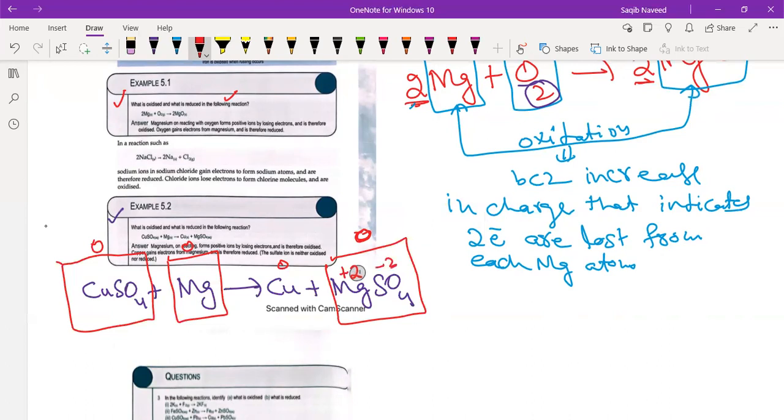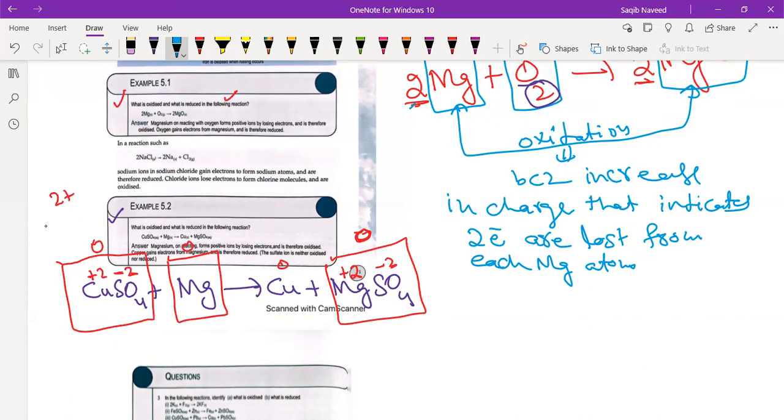You told me the charge on SO4 is -2, so I can put it over here as well. What will be the charge on Cu? +2. Technically, you should say 2 plus, not plus 2. Now it's easy. Look, I have derived the charge on SO4 in a logical way.